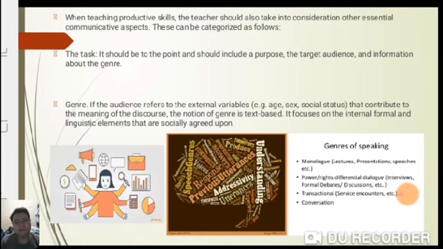An application letter, for example, has certain distinctive features both at the level of the language used and at the level of its form. Also, an essay, a speech, a performance, a song, a poem, etc.